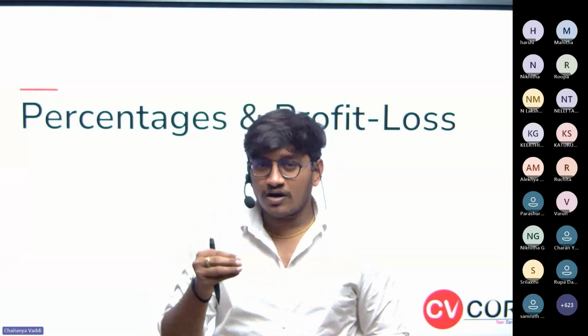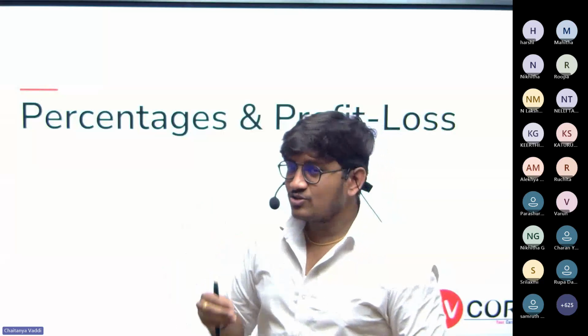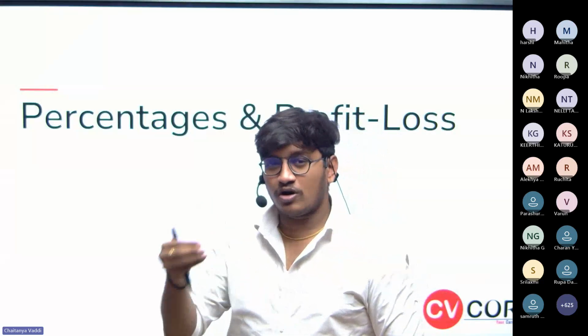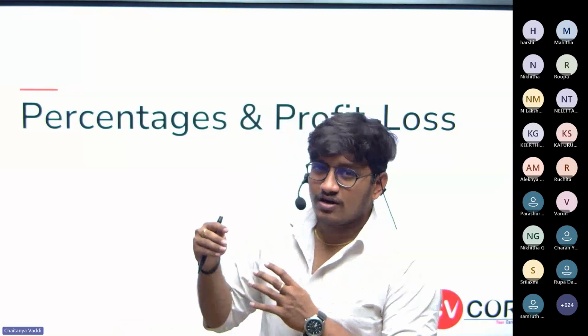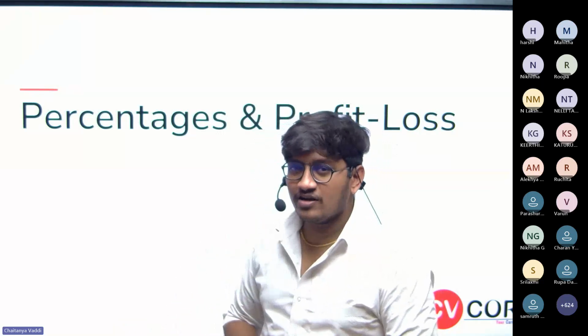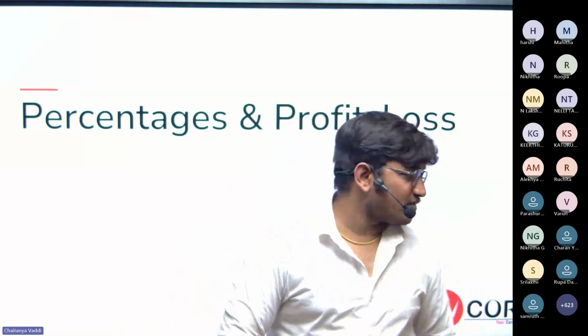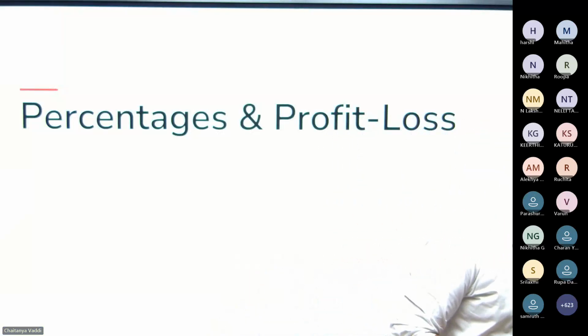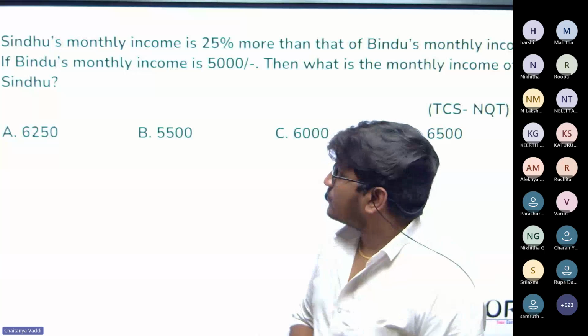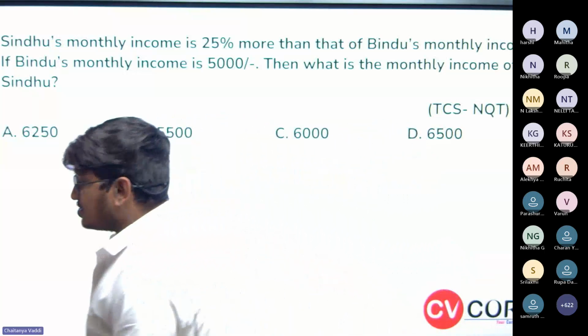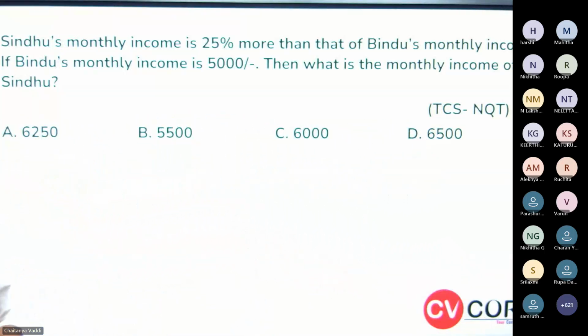But if you are attempting the advanced aptitude test, you should definitely go through the concepts. There might be some complicated calculations, and you should have thorough knowledge about the concept. Now we'll solve questions from percentage and profit and loss. From here, we'll start solving our questions.